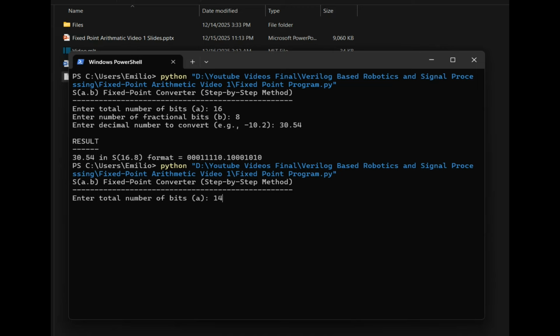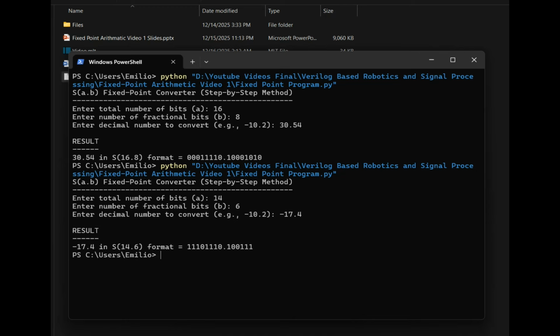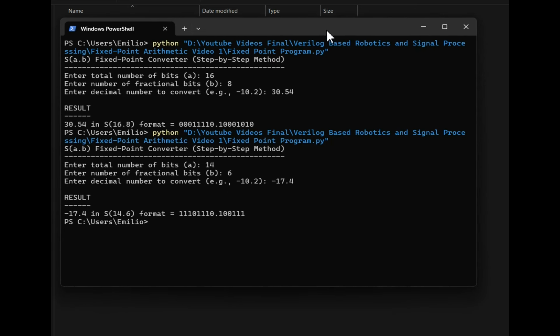Say 14, 6, negative, I don't know, 17.4, is that. So this program will calculate the SA.B format of any number we want given an A and B. So that's that.